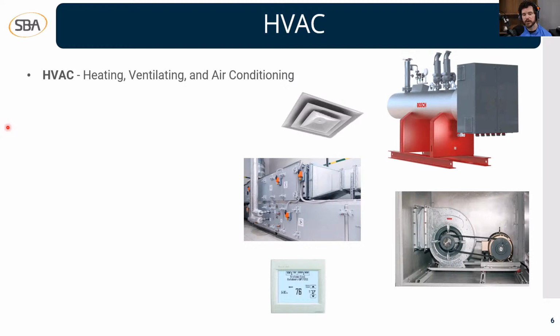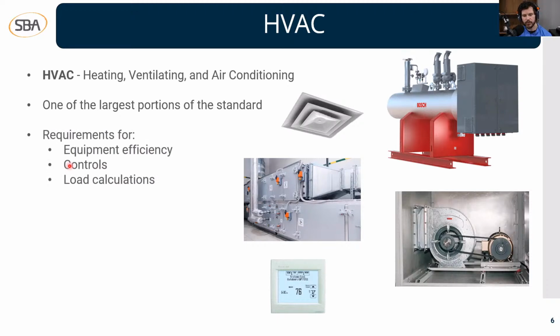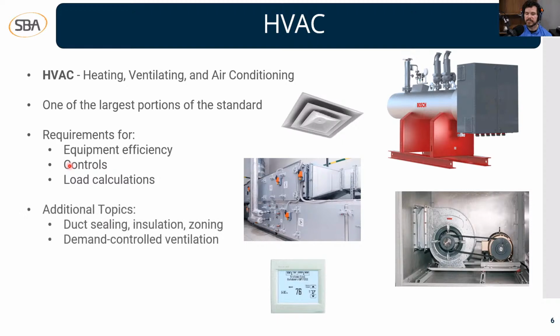Now let's talk about our HVAC systems. So this is your heating, ventilating, and air conditioning systems. Now this section is massive in the standard. And rightfully so, right? HVAC can represent 40 to 60% of a building's energy usage.